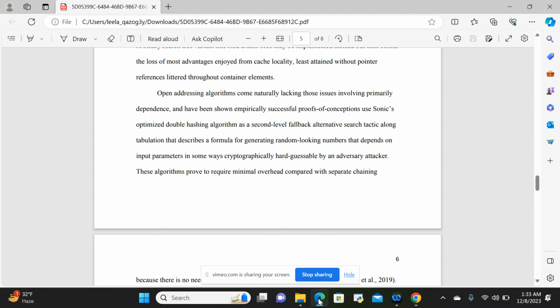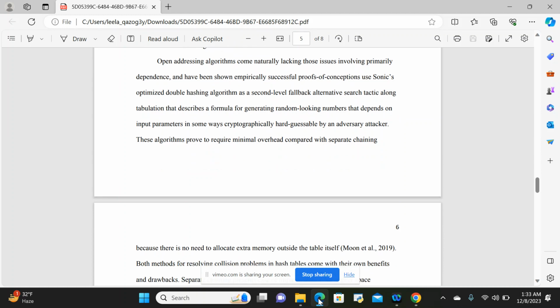The open addressing algorithm comes naturally lacking this issue, although primary clustering dependence has been solved empirically with successful proofs.